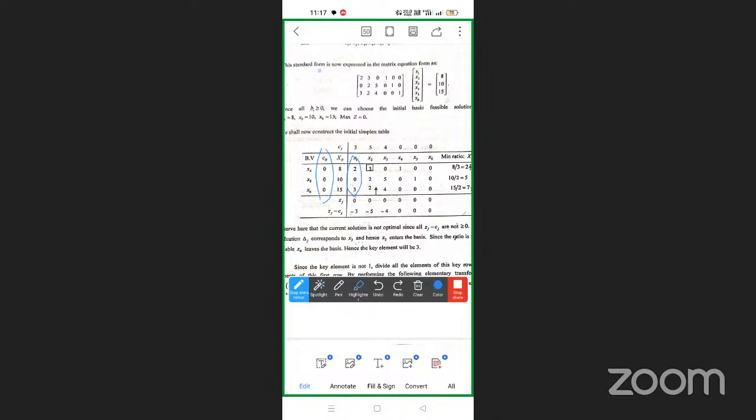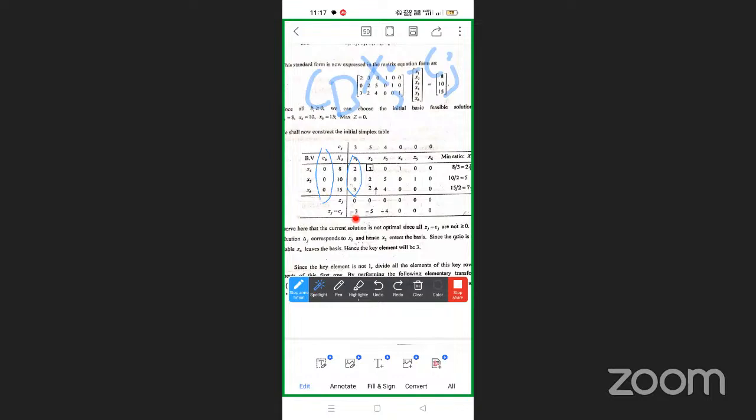So 0 minus 3, and the final answer is minus 3.